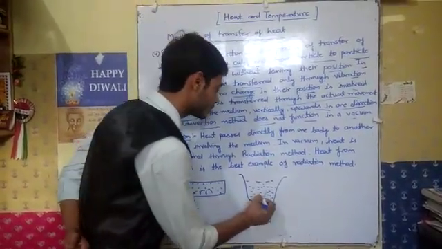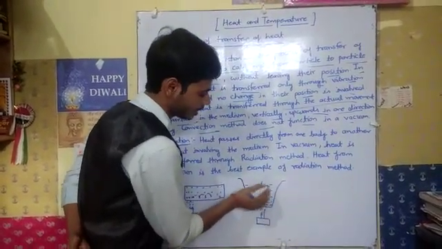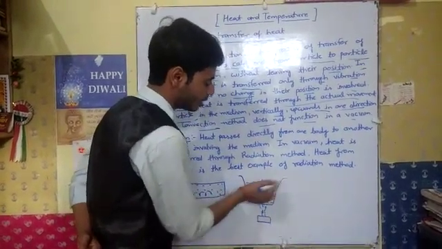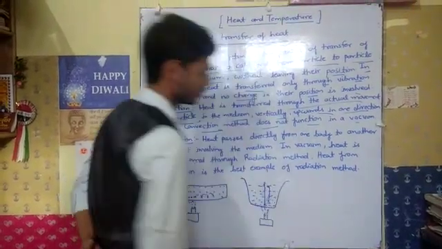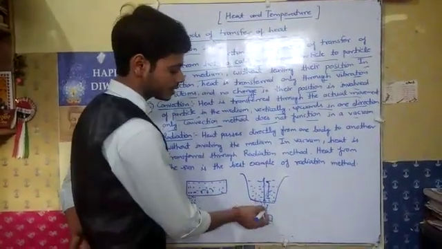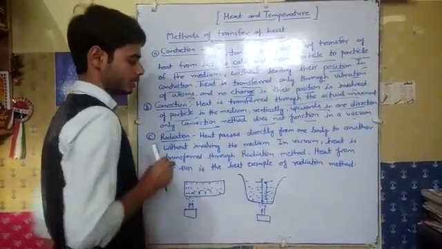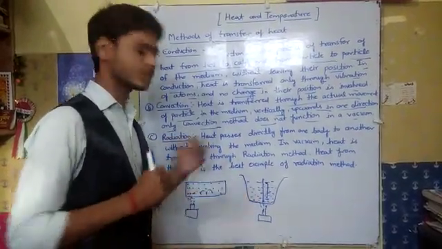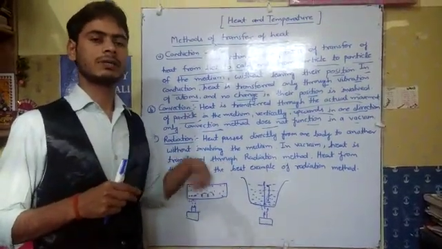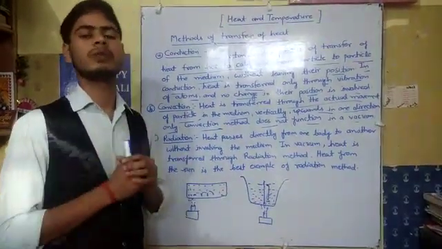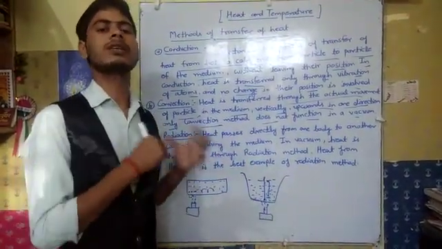So these molecules go in the upward direction, and the molecules which were at the upper side then come to the bottom of the vessel, and thus the process continuously goes on, and the whole water will be heated by the process of convection. So in the convection method, the heat is transferred from one place to another by the actual movement of the particles, and the convection process does not take place in a vacuum.